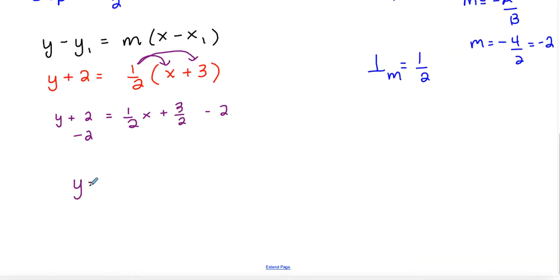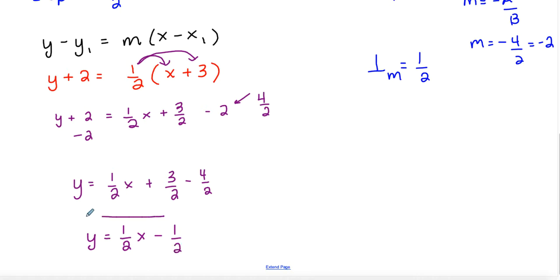So I get y equals 1/2 x plus, okay, now I need a common denominator. So I'm going to make that 4/2. So plus 3/2 minus 4/2, which is -1/2. So y equals 1/2 x minus 1/2. And there is the equation of the line.